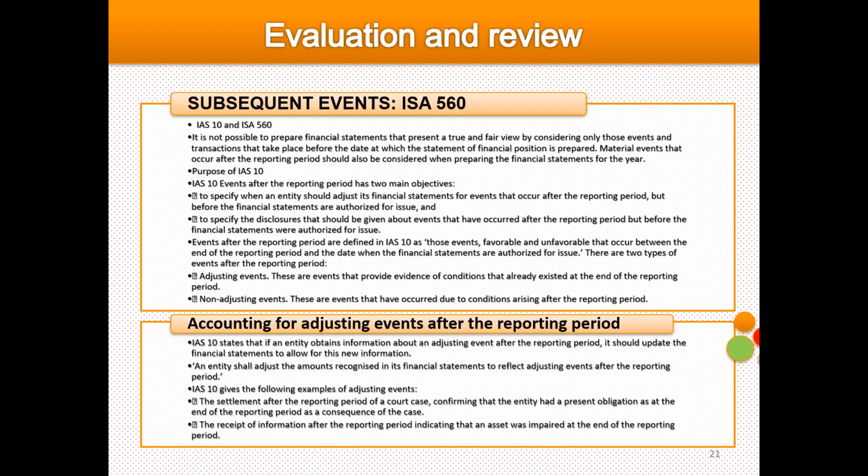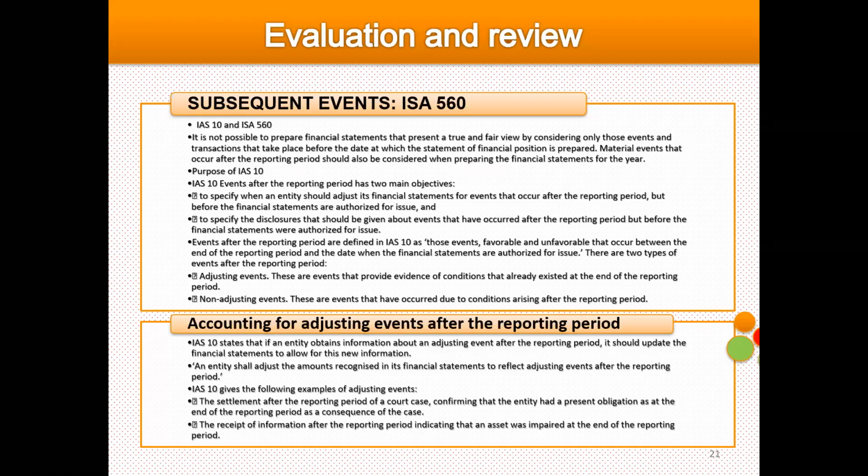And in the auditing side, ISA 560 deals with that. It is not possible to prepare financial statements that present a true and fair view by considering only those events and transactions that take place before the date at which the statement of financial position is prepared. So they are events that subsequently occur after the year end of the client.